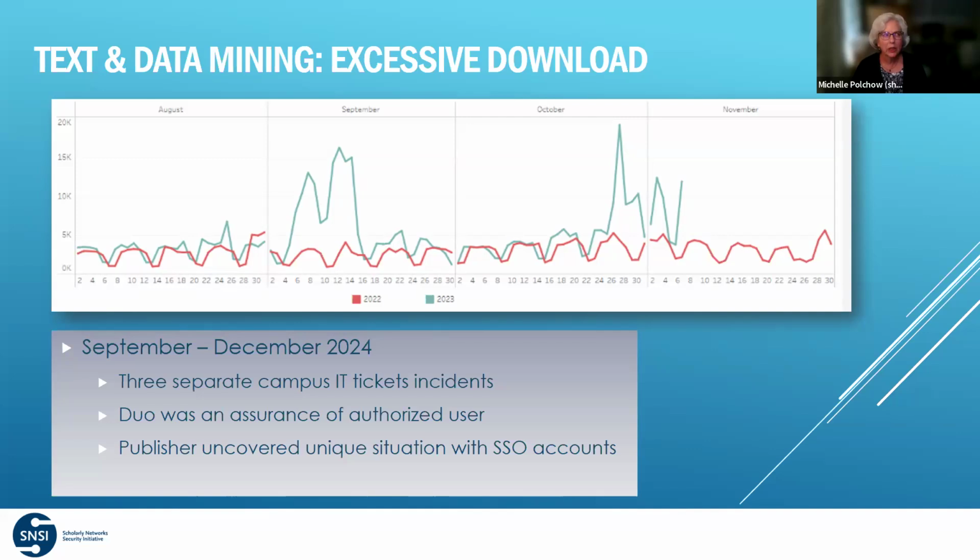We were successful in getting our campus IT to give the publisher more data points to see if they could discover how someone was getting access using Duo and SSO. It turned out that there were no usernames, which was an unusual situation. And campus IT also agreed no usernames were an unusual situation.